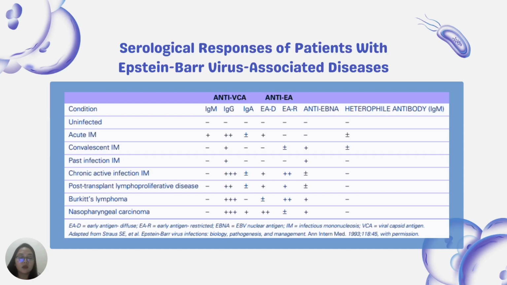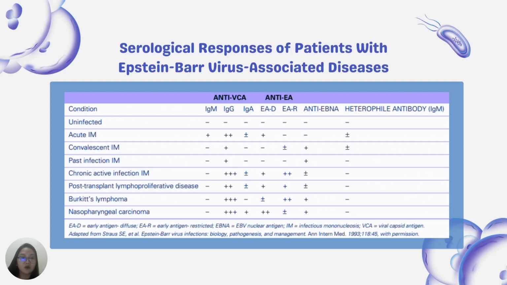In an acute infectious mononucleosis, they are positive in IgM and IgD. As per the convalescent IM, they are positive in IgE and anti-EBNA. The difference with past infection is the heterophil antibody, which is negative in past infections.